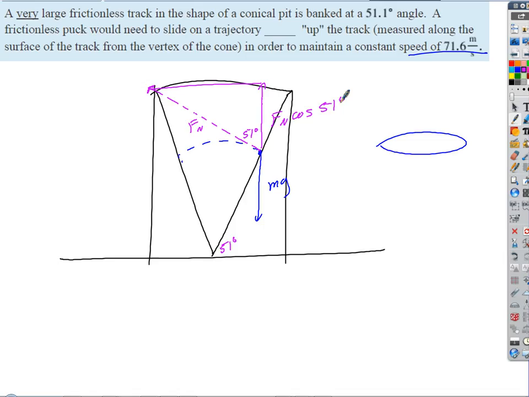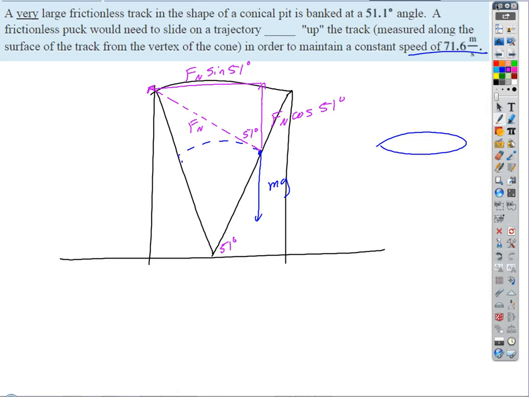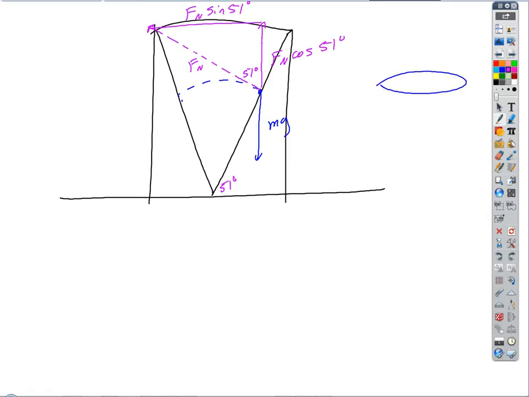And then the horizontal component would be normal force sine 51, right? So really we've only got three components to put on our orthogonalized free body diagram. We can take all that complicated drawing and distill it down to: there's my object, pointing down I've got mg.